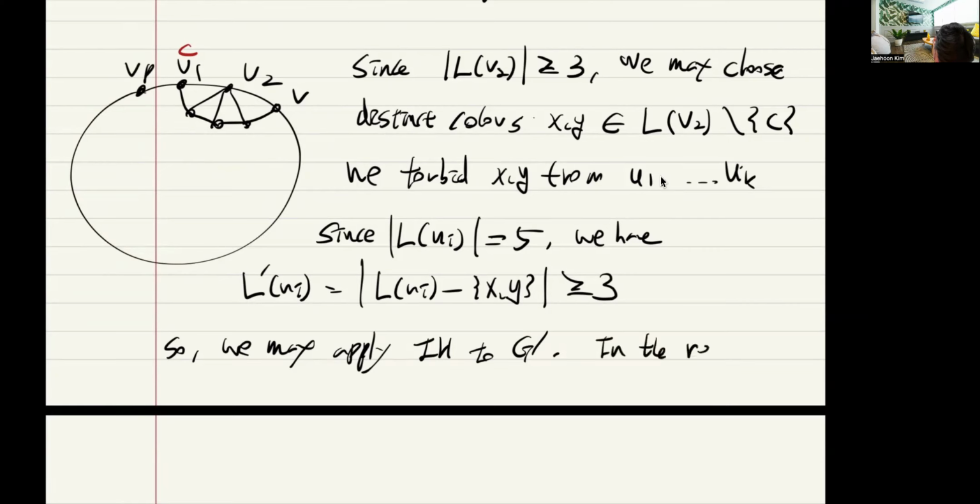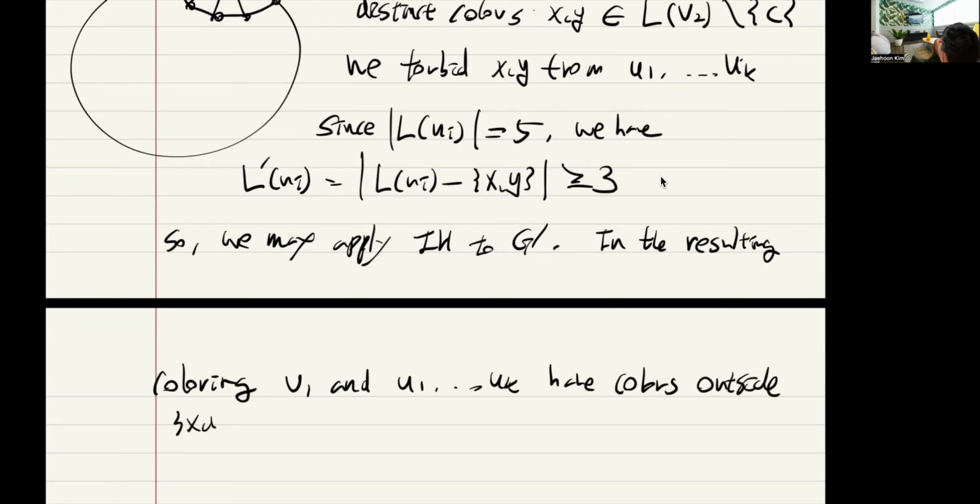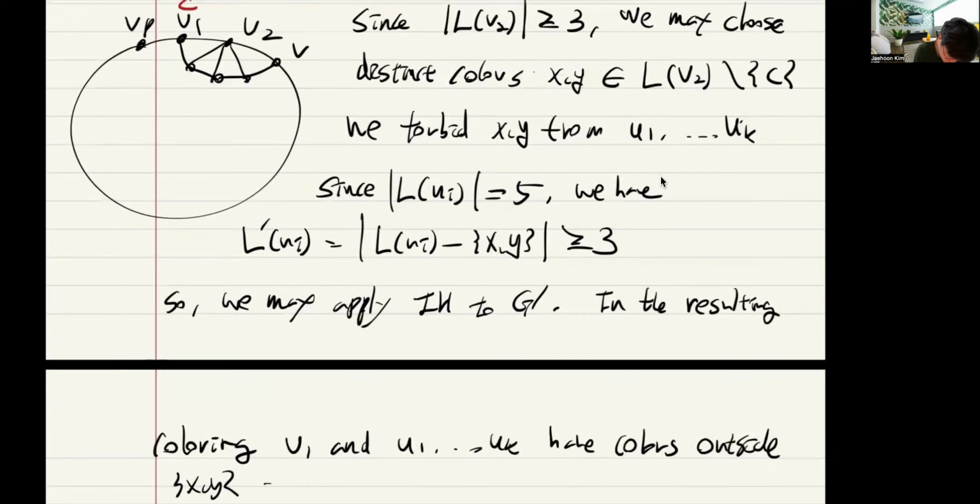In the resulting coloring, P1 and U1 to UK have all colors outside X and Y. None of these has color X or Y. So X, Y is still available for P2, except P3 might be colored.